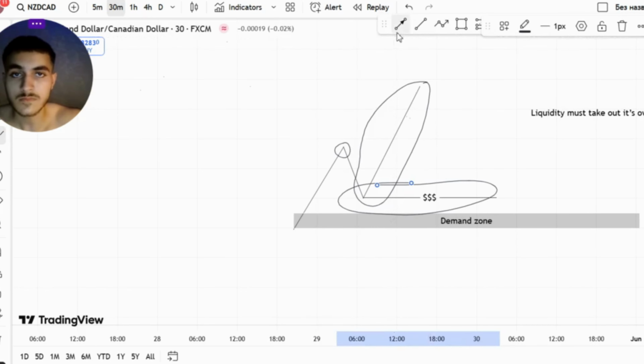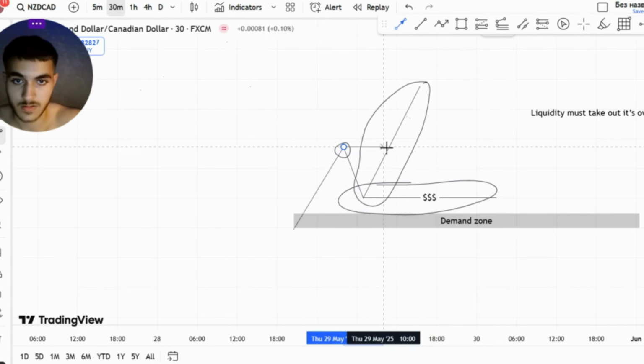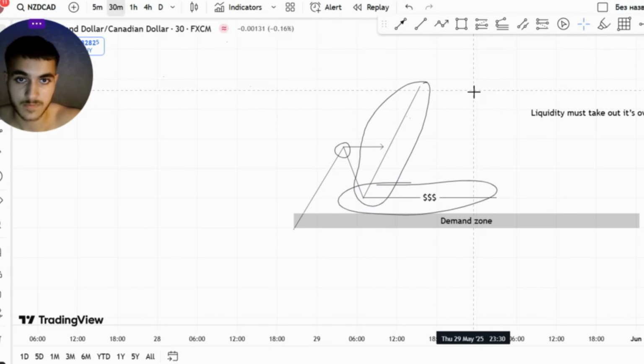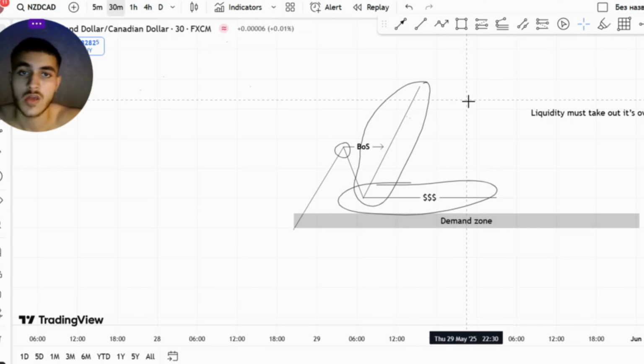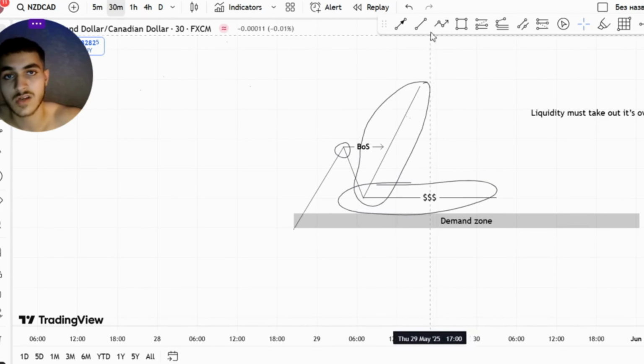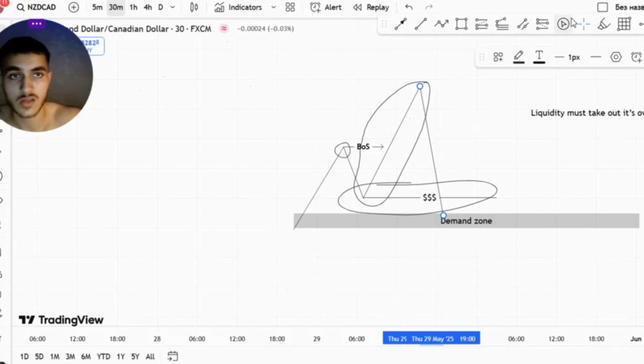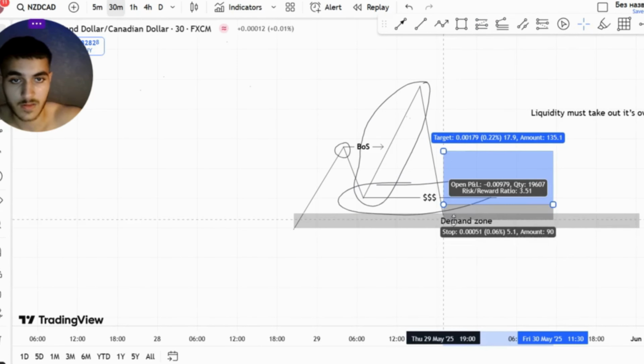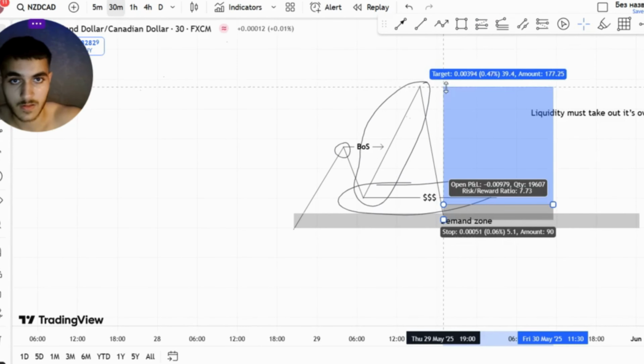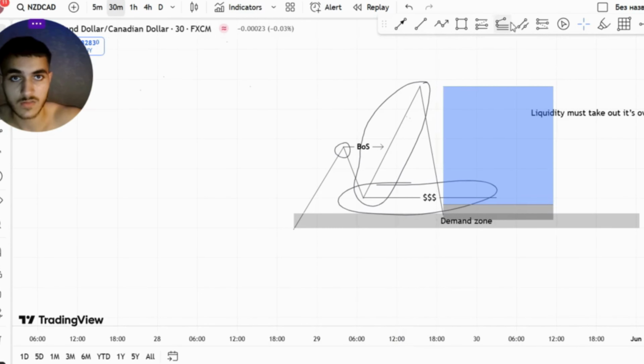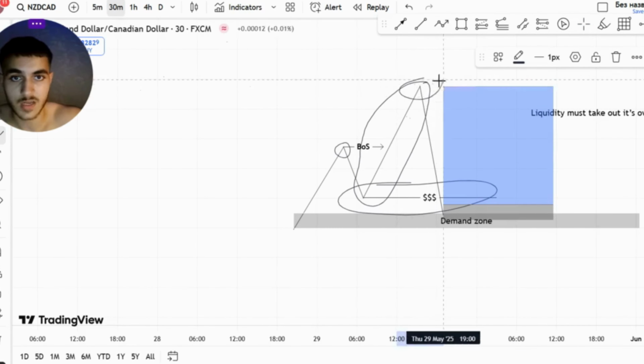Okay, here is our break of structure. After that you can open a trade at the end of the candle that closes in our direction. Okay, our target will be this high.